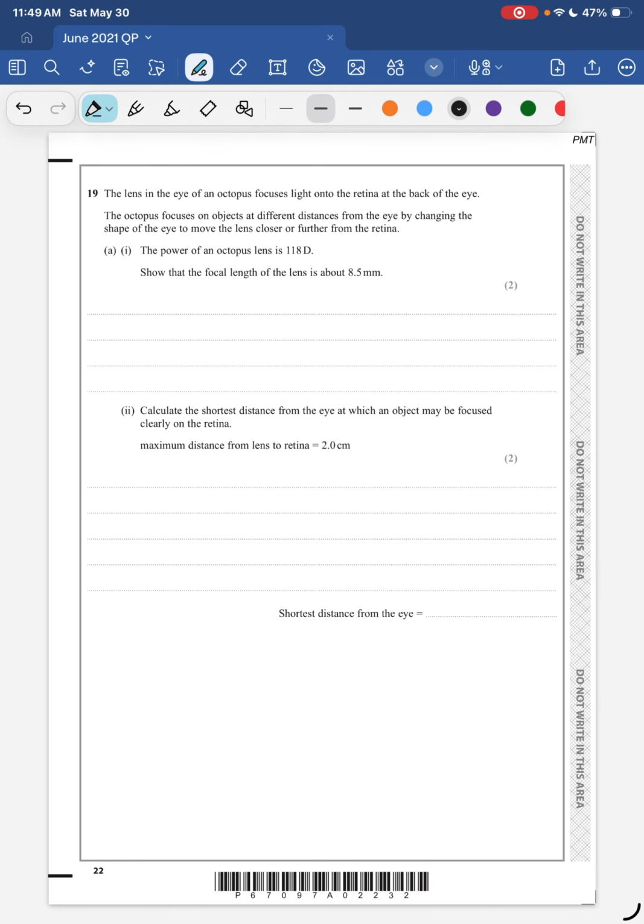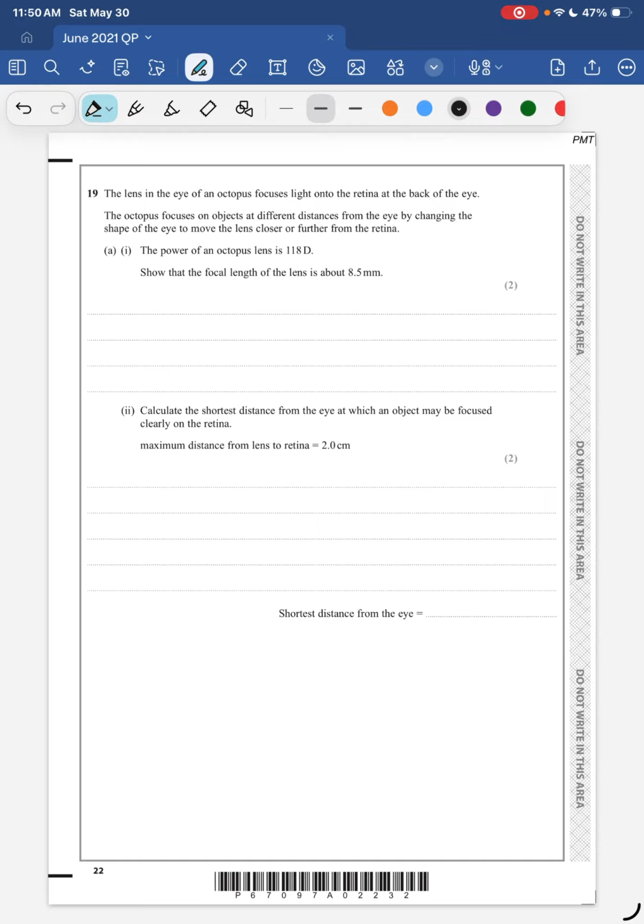Okay, 19. The lens in the eye of an octopus focuses light onto the retina at the back of the eye. The octopus focuses an object at different distances from the eye by changing the shape of the eye to move the lens closer to or further from the retina. A. The power of an octopus lens is 118 diopter. I figured out what the correct pronunciation is for a diopter.